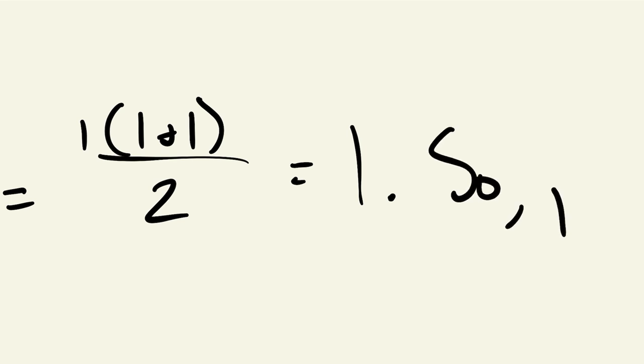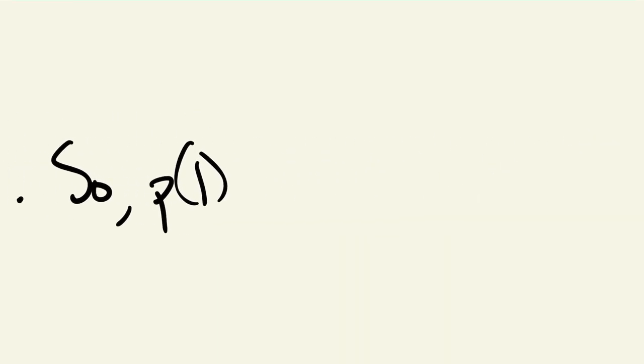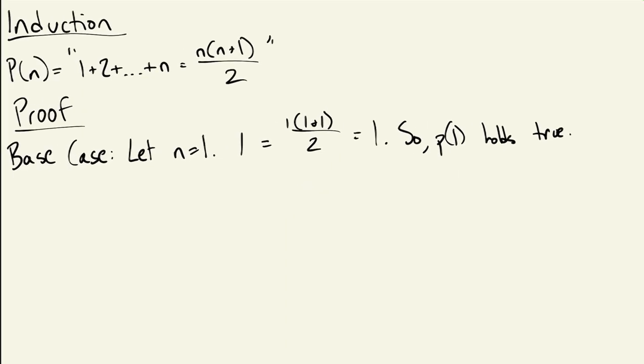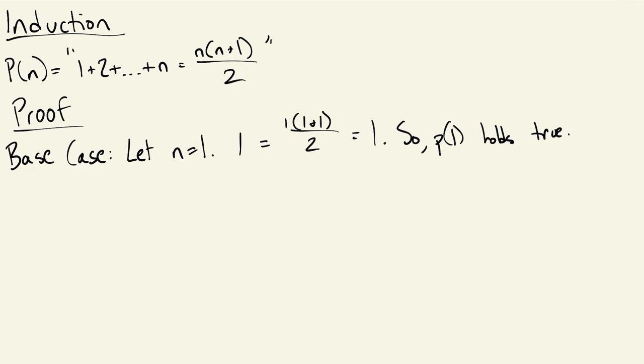So P of 1 holds true. So we get one case where we can show that this works, and we're not concerned about all the numbers yet. We're just showing that it works for one of them, and this is going to be kind of the ground for our argument.